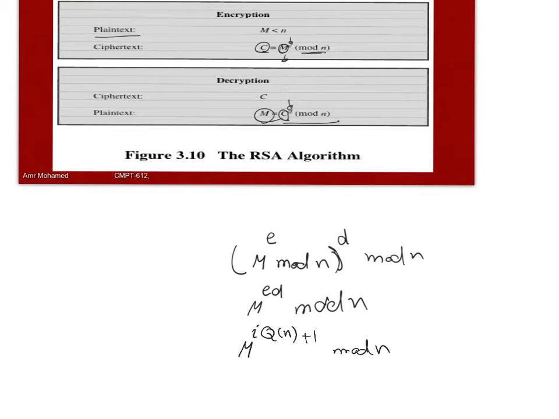So far, so good? If we take one m outside, it becomes m multiplied by m to the power of the totient of n multiplied by i, all mod n.